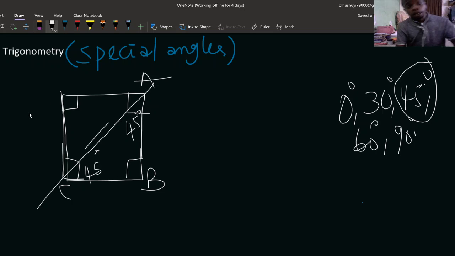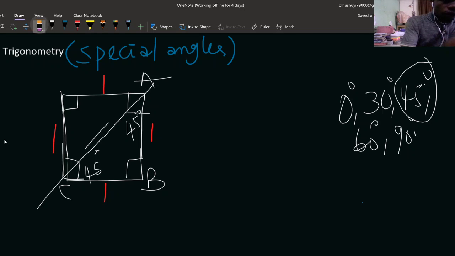Don't forget, if this is a square, I can take all the sides to be 1, 1, 1, 1. They are the same thing, right? Good. So if they are the same, I can now quickly solve for the trig identity of this angle.